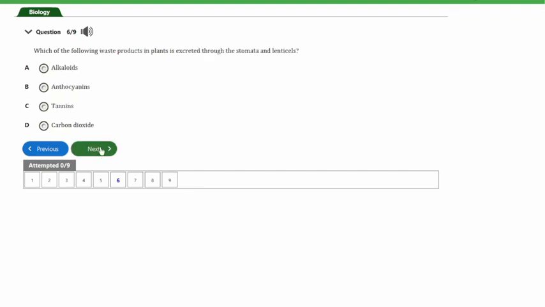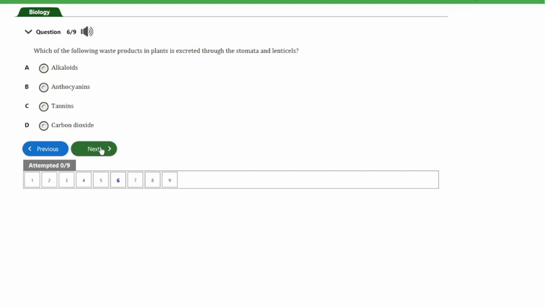So carbon dioxide is a waste product that is excreted by animals. So let's look at the next question, and that's question number 6. It says, which of the following waste products in plants is excreted through the stomata and lenticels? So we have A. Alkaloids, B. Anthocyanins, C. Tannins, and D. Carbon dioxide. So guys, the answer to this question is option D, and that's the carbon dioxide.